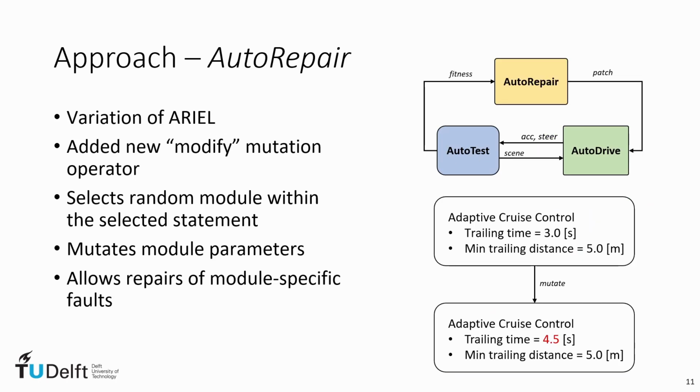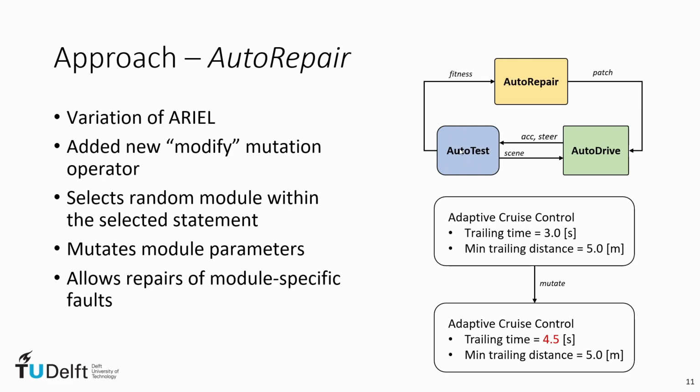Alright, so let's take a look at AutoRepair. So AutoRepair is my variation of Ariel, which is the automated repair algorithm that I've introduced. And I'll show you quickly how it fits into the whole picture. AutoRepair will take as input a faulty version of AutoDrive, and it will feed this to AutoTest.